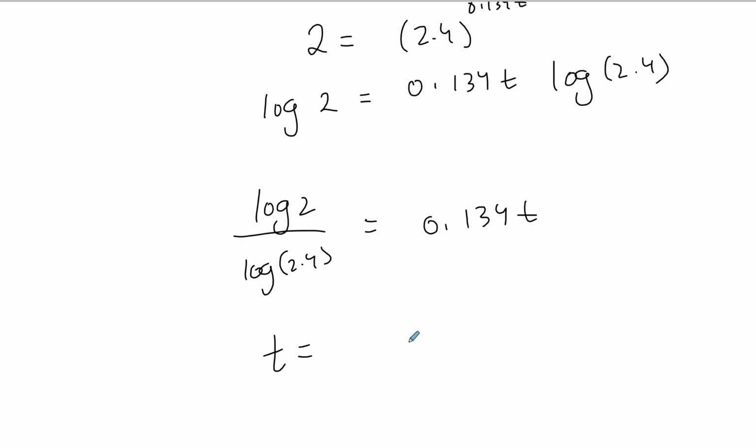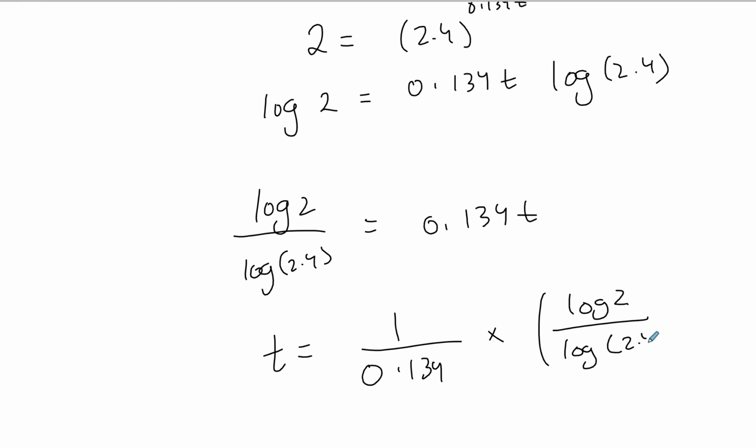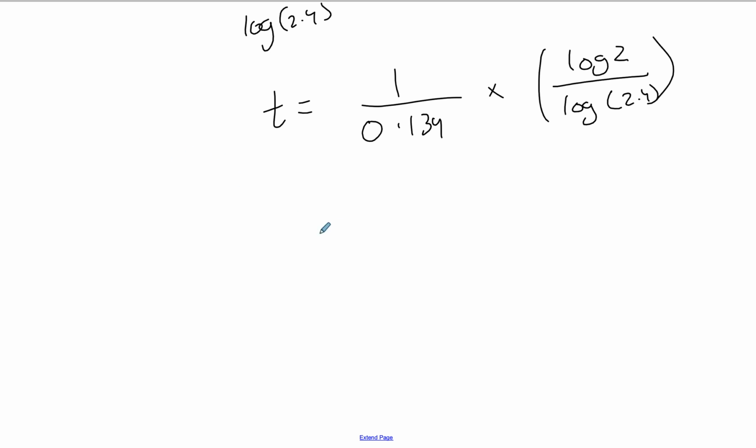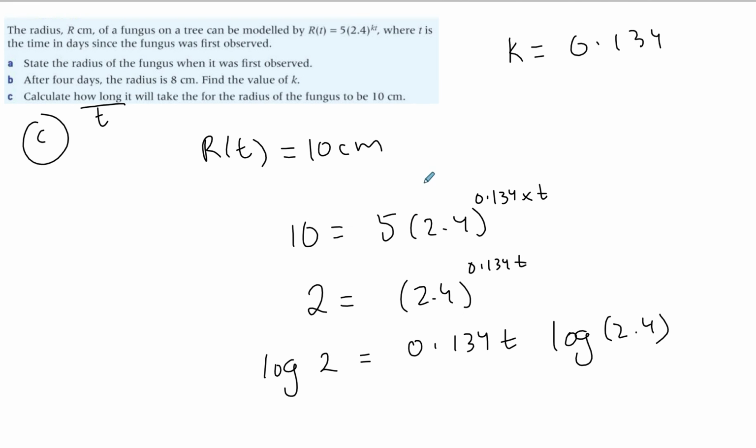So I have 1 over 0.134 times log of 2 over log of 2.4. And just plug this into the calculator. It should give you that t is equal to 5.90 days. That's 3 significant figures. And do put this into the original function to check that you actually get 10 centimeters.